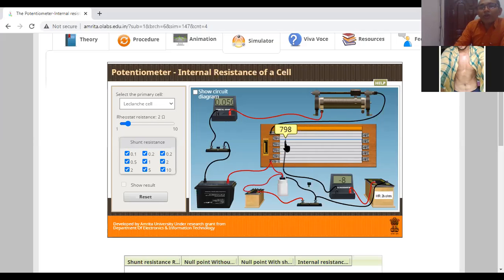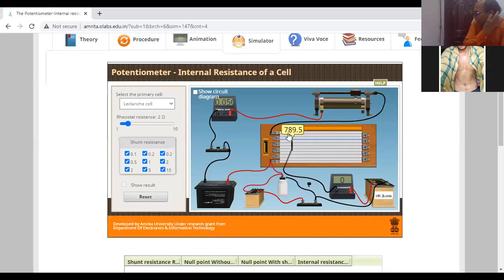So somewhere there must be a 0 balancing length. Gently. Okay. So this is the 0 balancing length. We will note down. This will be L1, L1 without inserting shunt resistance. This is L1. Okay. You will note down.